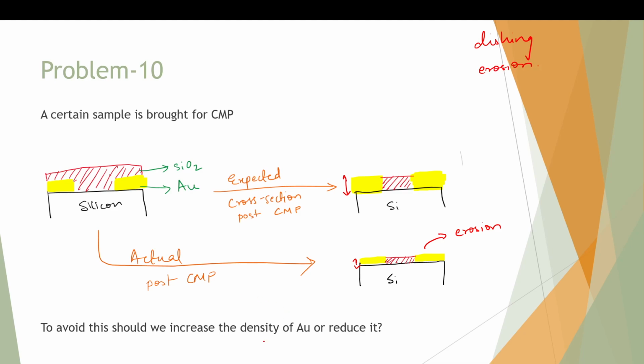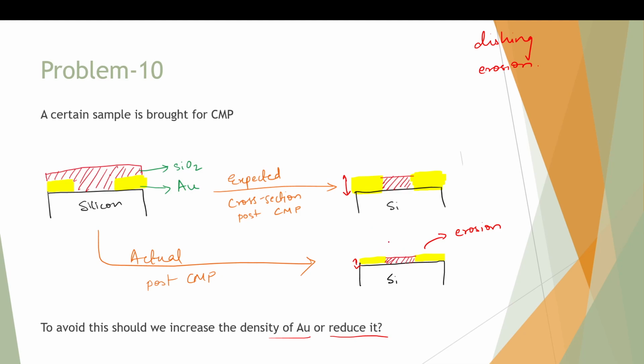So for erosion, what should we do? Increase the density of gold or reduce it? It is kind of a chemical process, right.